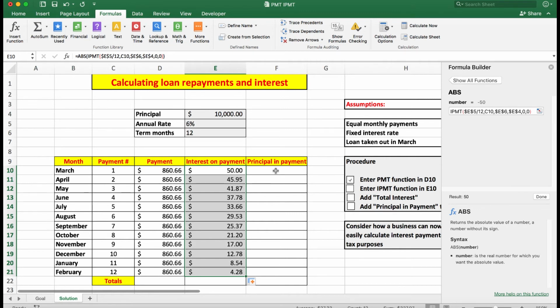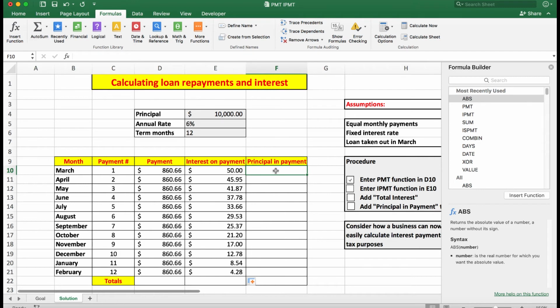Now the principal in each payment, if I want to know that, I can easily calculate by typing an equal sign, and I will deduct from the interest payment minus the payment itself. When I do that, I see that I've made a payment of $810.66 off the principal.